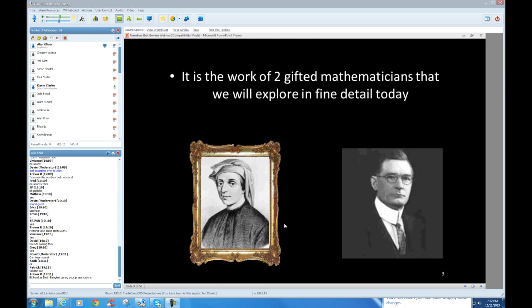What we are going to do this evening is to look at two of the greatest trading and mathematical minds that have been a big influence in my trading, and that of course is Fibonacci on the left and W.D. Gann on the right hand side. And what we're going to do is to go through a fairly brief yet detailed explanation of what these two people mean in terms of how I use them in trading.